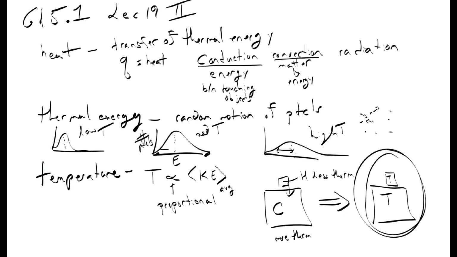And finally, we have radiation, where objects are not touching, so no touch. Instead, it's just electromagnetic energy. Light and heat are carrying the energy from one place to another, and that's how you're getting the transfer of heat. Sunlight is an example of that, or if you're warming your hands in front of a fireplace or a stove. Those are examples of radiation. And all three of those, conduction, convection, and radiation, are forms of the transfer of thermal energy. Those are examples of heat.